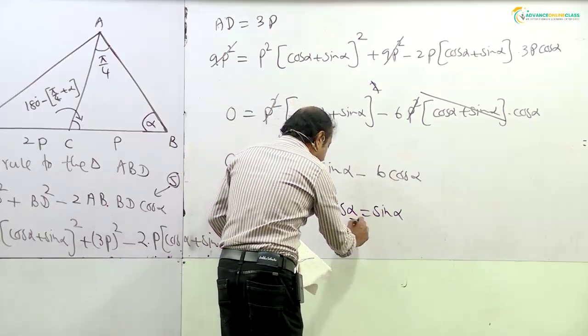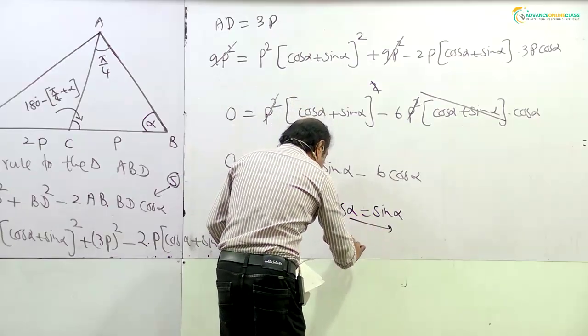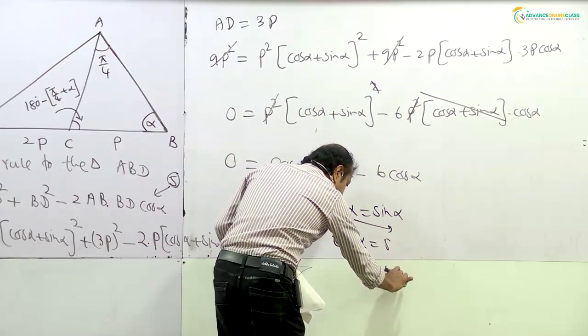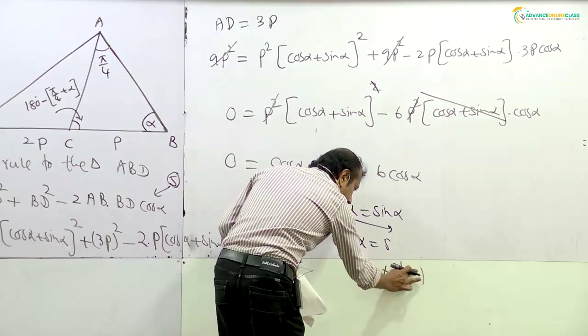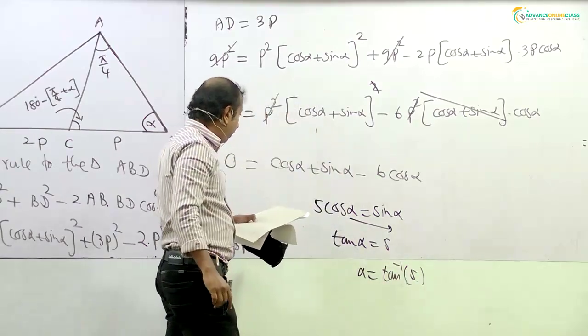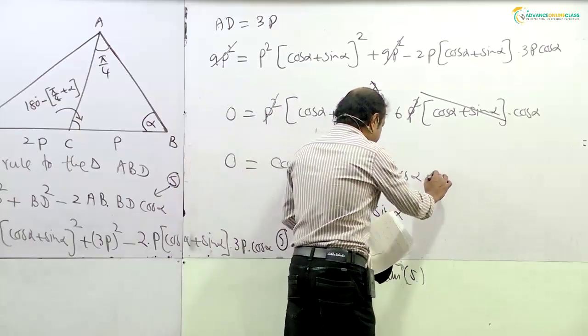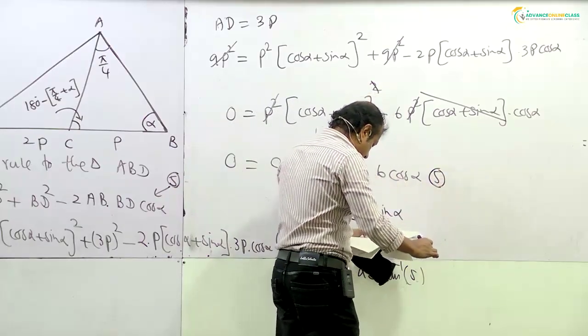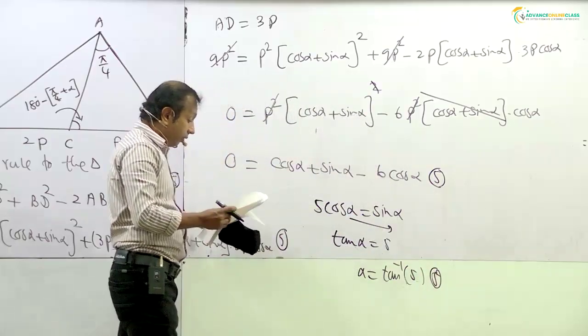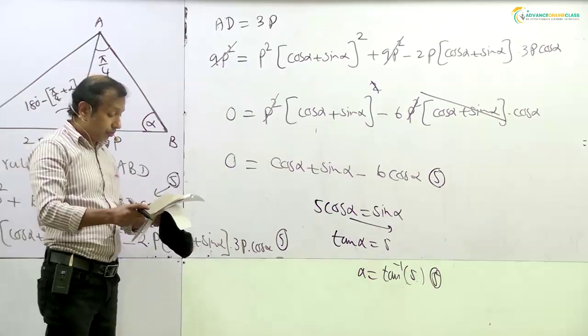Then bring here tan alpha equals 5. Alpha is tan inverse 5. Alpha is tan inverse 5. Right. For this 5 marks. For this 5 marks. Okay. Right. That part also finished.